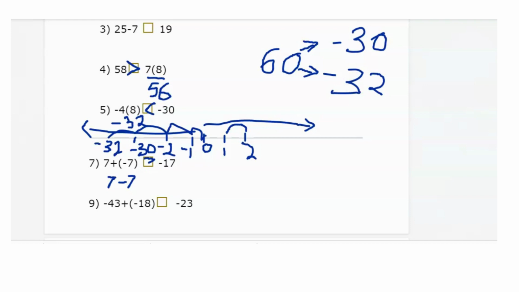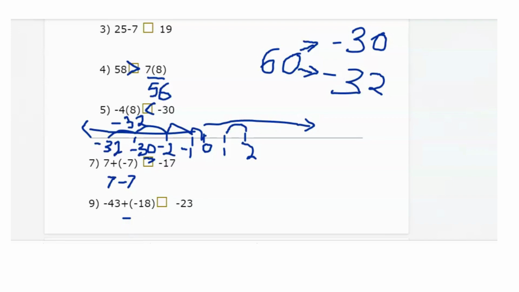The next one is question number 9. -43 and -18. So -43 plus -18. Remember, anytime you have negative and positive, negative always wins. So -43 plus -18 is going to give you -61. How do you get the -61?